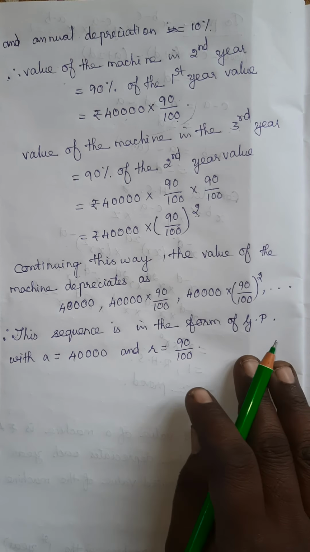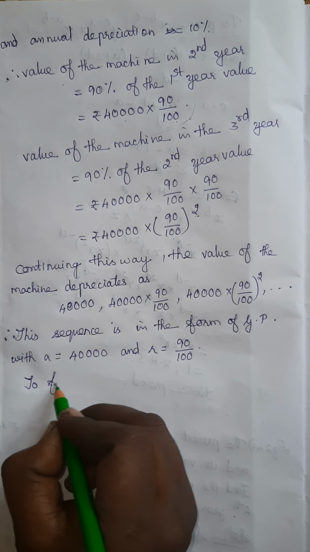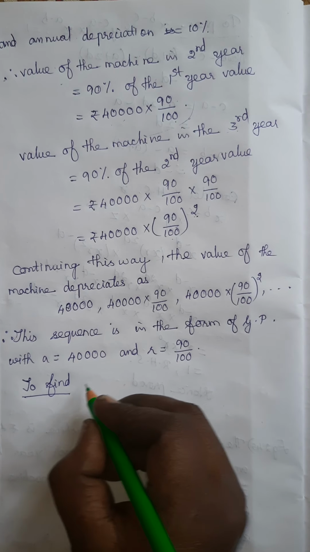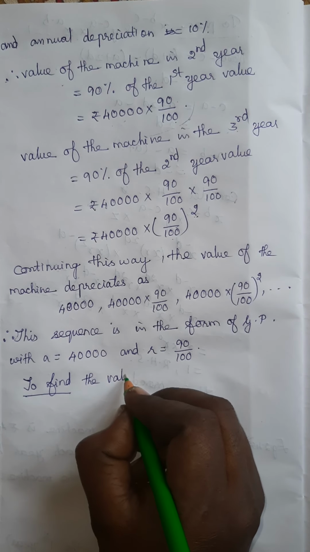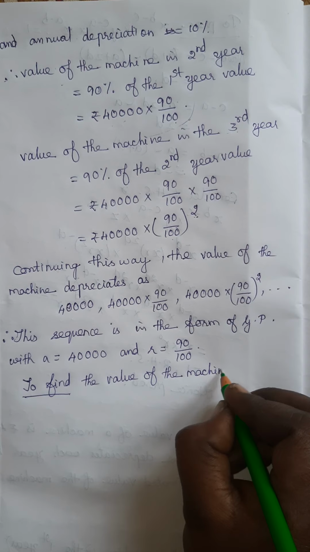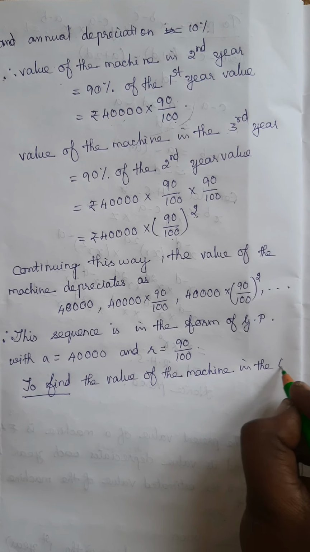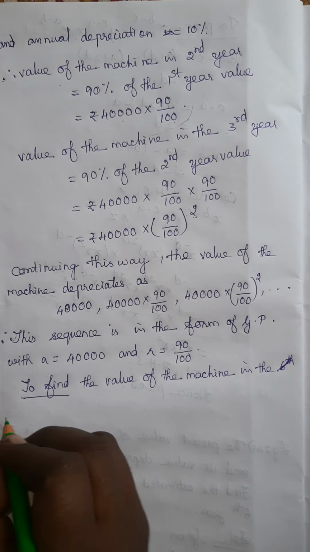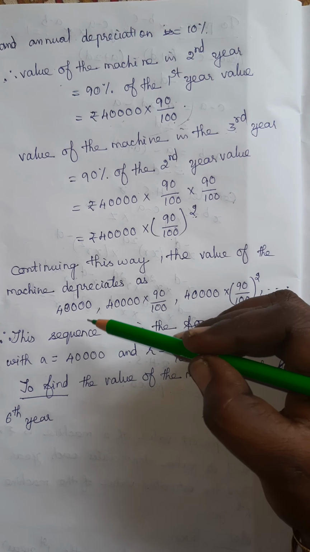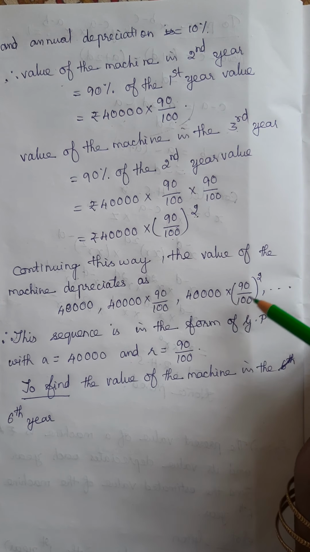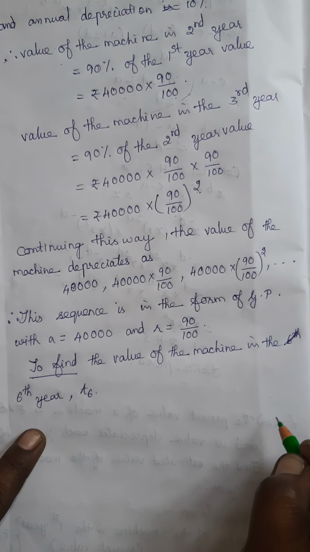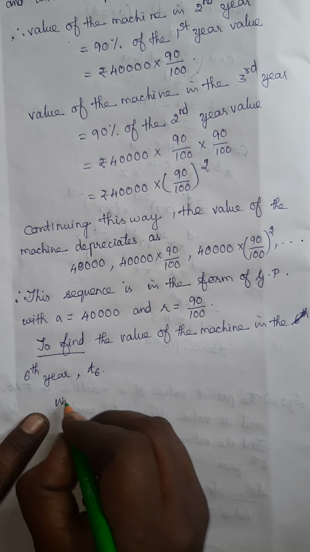Now what do you want to find? To find the value of the machine in the 6th year. You see here, the first year is the first term, the second year is the second term, the third year is the third term. So the 6th year means it is T6. The 6th term you need to find. What is the formula for Tn?